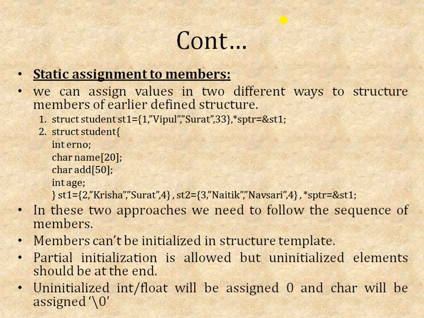I have declared st1, st2 as the structure variables, and pointer sptr equals to ampersand st1 as structure pointer. In these two approaches, we need to follow the sequence of members.